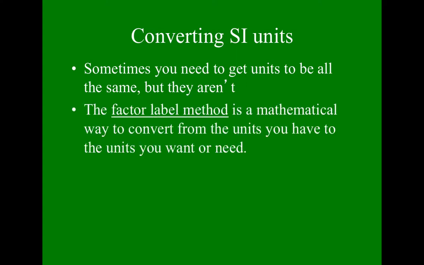So the method that we can use is the factor label method. It's also called dimensional analysis. It's a mathematical method that I'm teaching you to convert from the units you have to the units that you want or the units that you need.